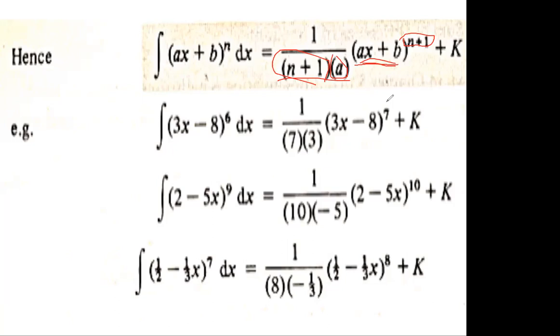And I just want to put an extra condition here and tell you, this formula is only when you have a linear function inside the bracket. It does not work, and we'll have to find other techniques to integrate functions where there's a nonlinear. I hope by now you all know what I mean.